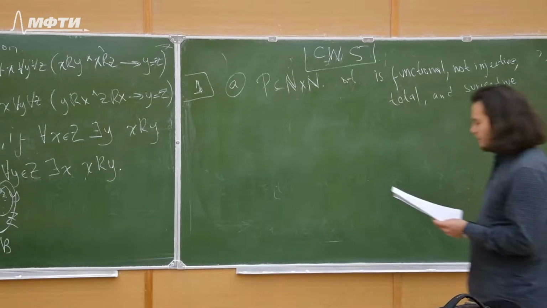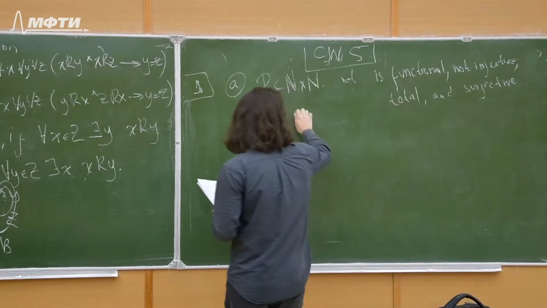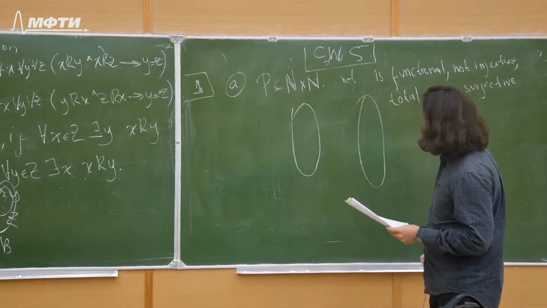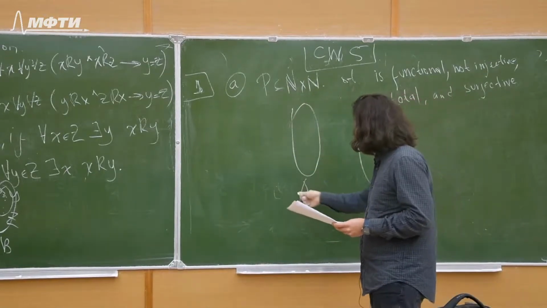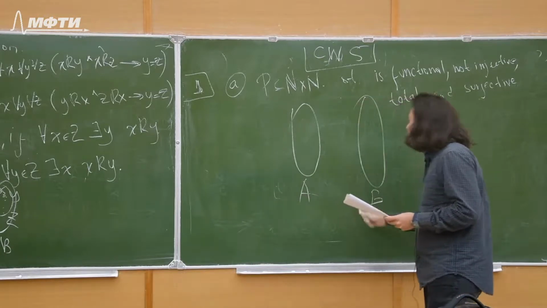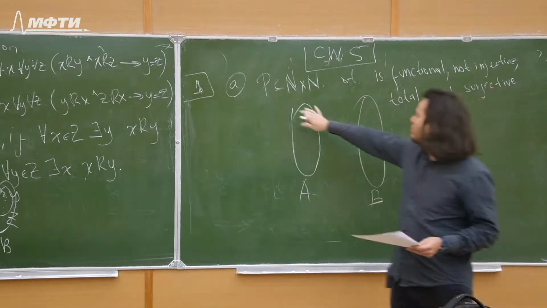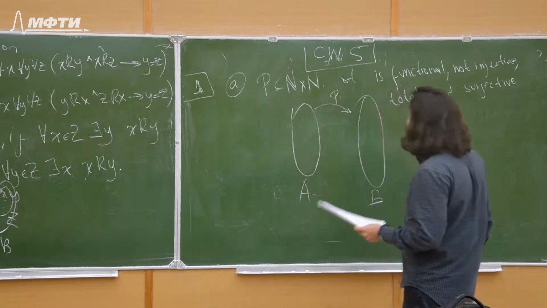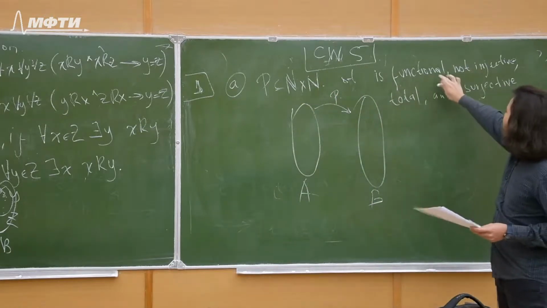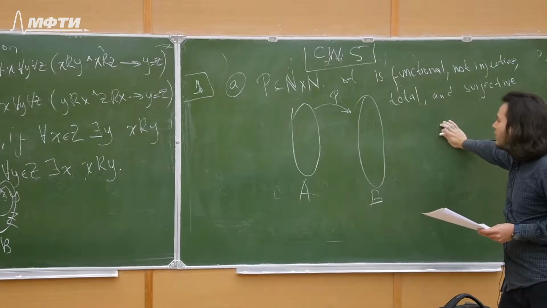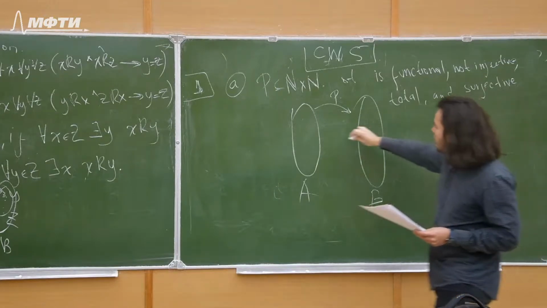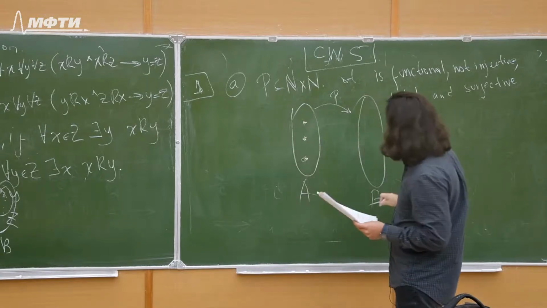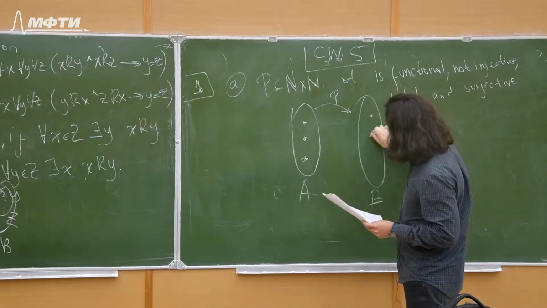So if we take, for example, two sets. Okay, so this is set A and B, right? And we need some binary relation P. We need it to be functional. So functional is that, so if we have, for example, 3 elements here, and let it be here 3 elements as well.